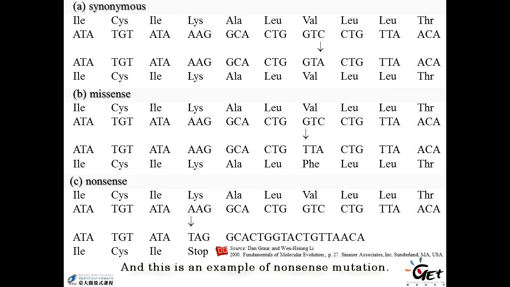And this is an example of a nonsense mutation. If we have a nonsense mutation, all the sequence after the stop codon will not be translated. Even though it still contains a good reading frame, nothing will happen after the stop codon. So that's the nonsense mutation.